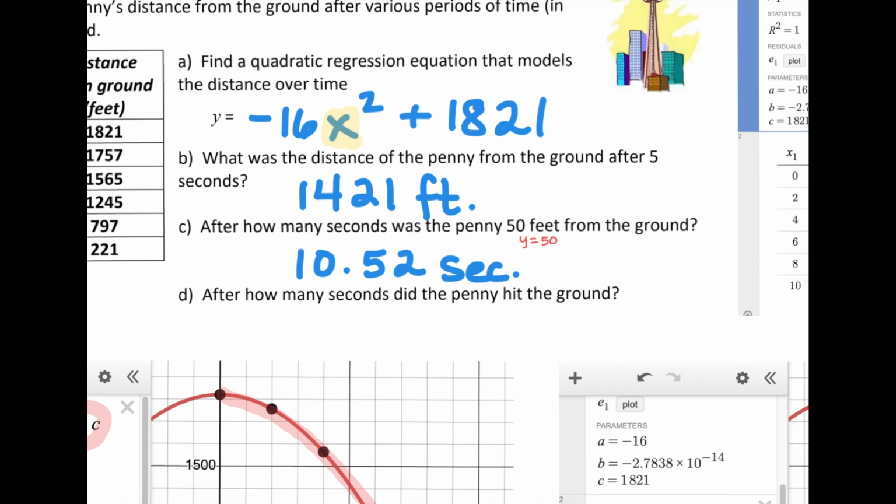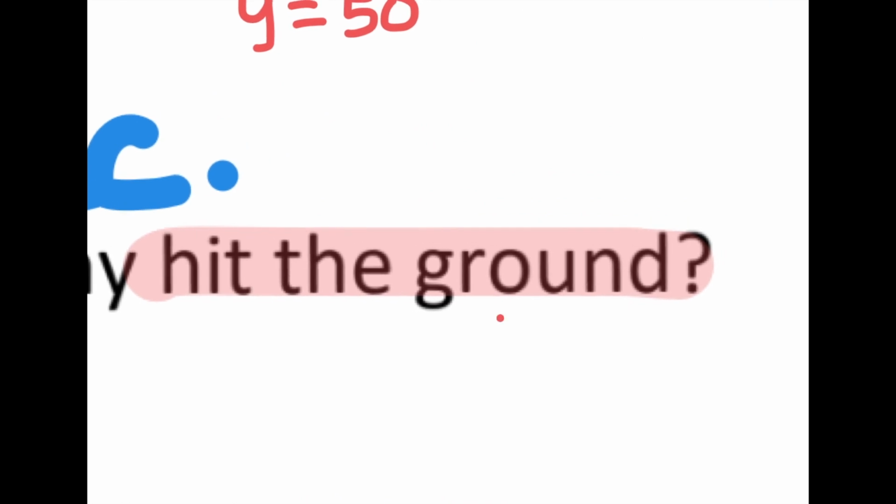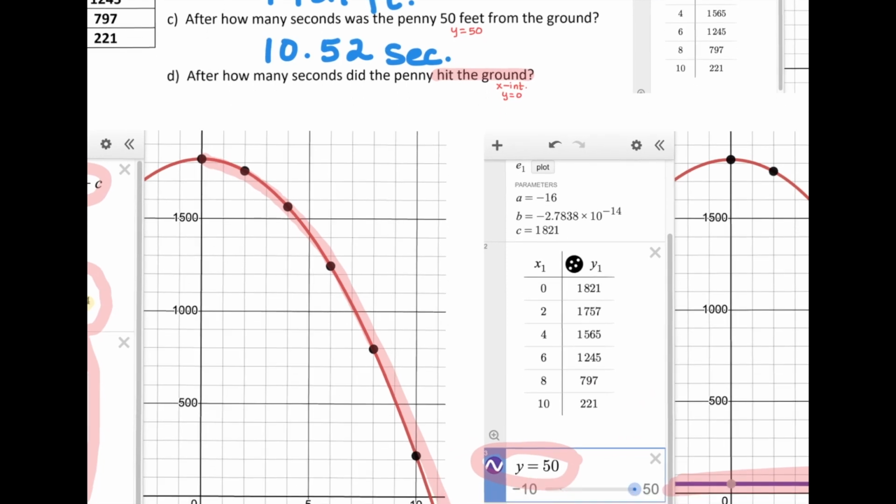And as always, hitting the ground is going to be your x-intercept, when the height equals 0. Remember that that's the x-intercept when height, or your y value, equals 0. And so that's going to be back at my initial graph.